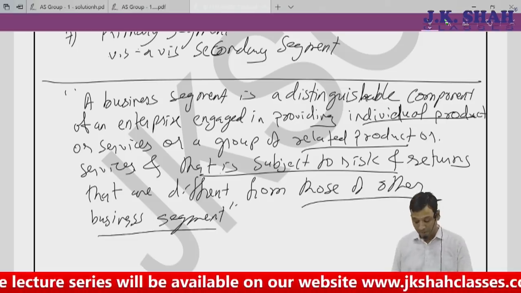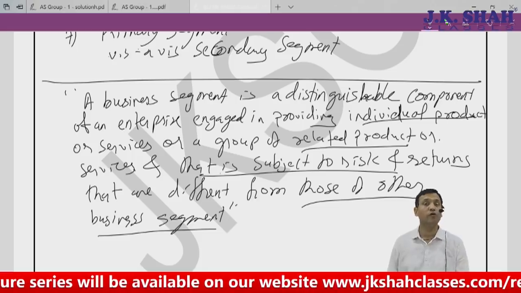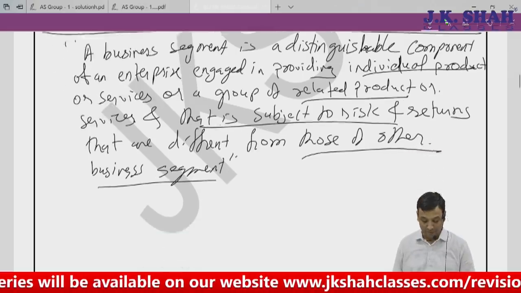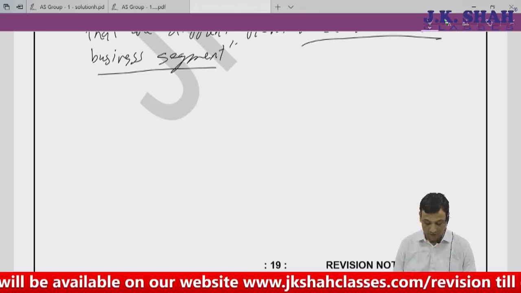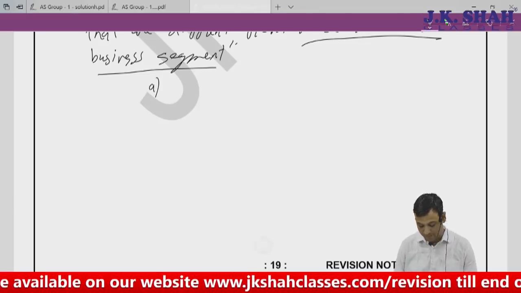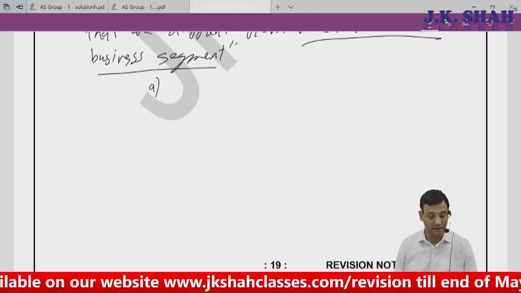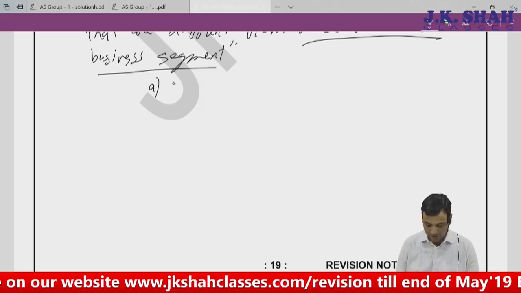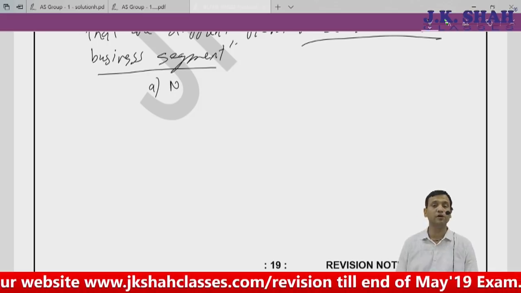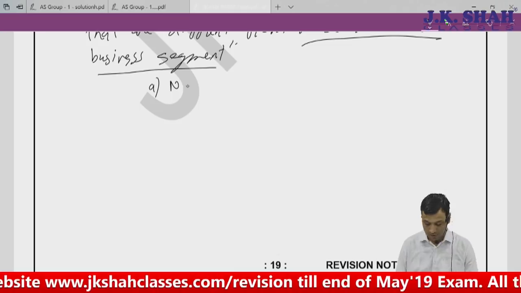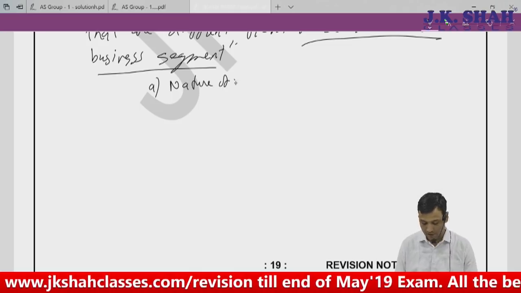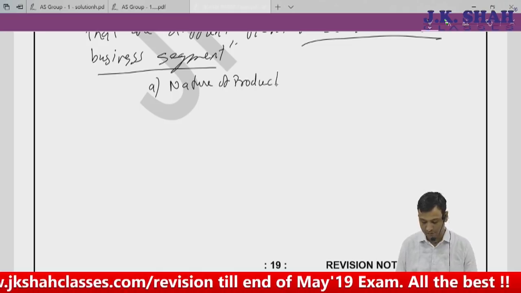Now whether these are related or not, for that our accounting standard has given some points. If all these points are getting fulfilled, then it is a related segment. Majority of the points decide whether the products and services are related or not. It says: A, nature of products.